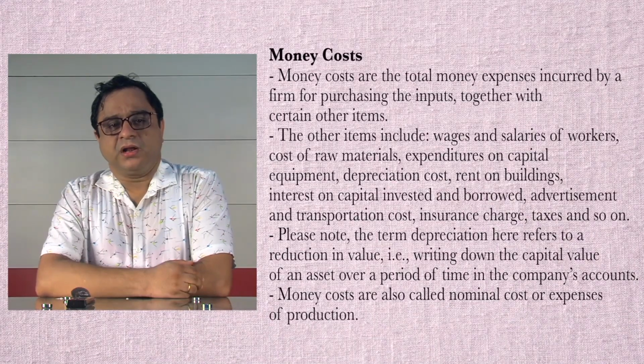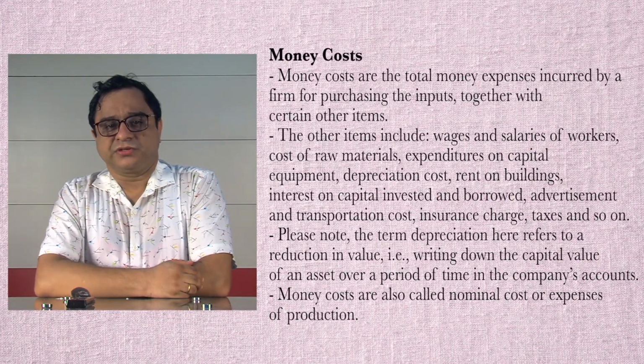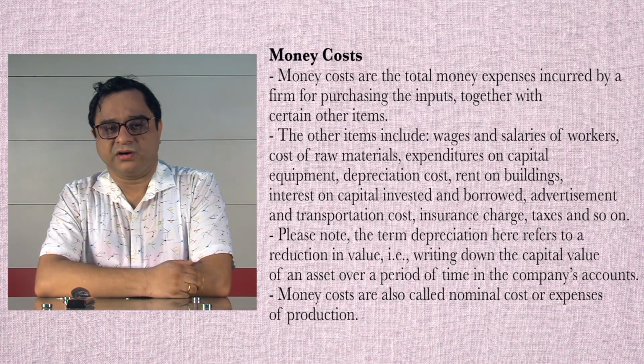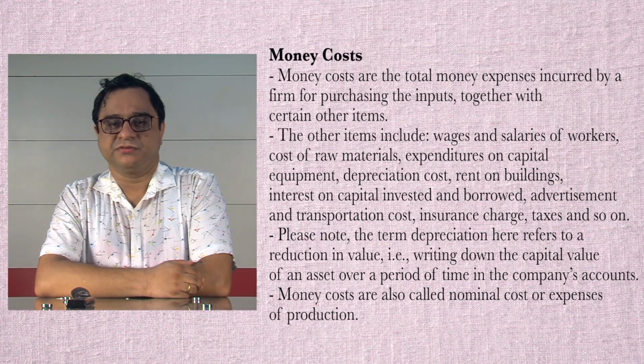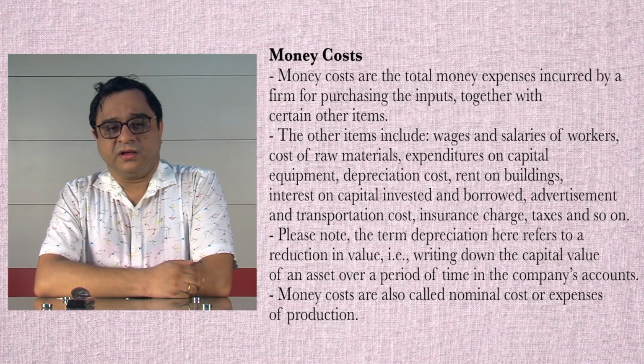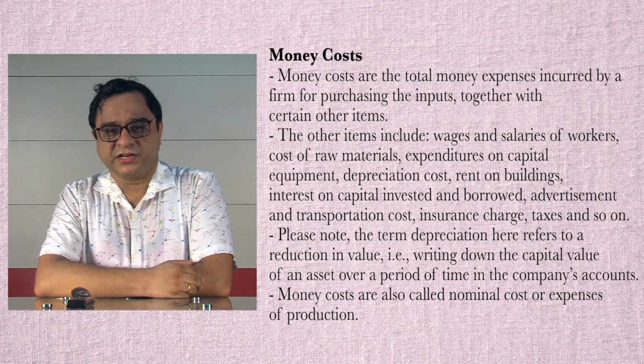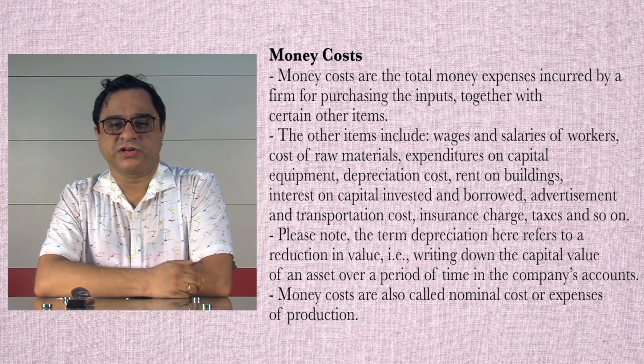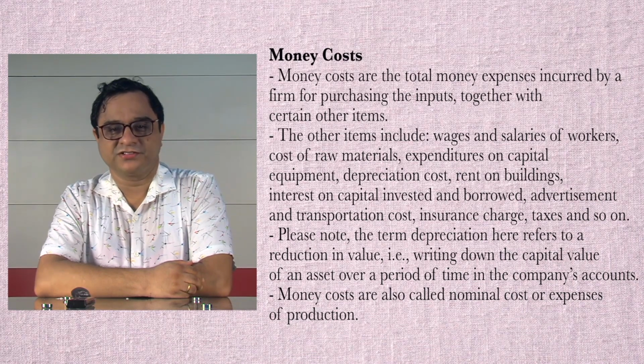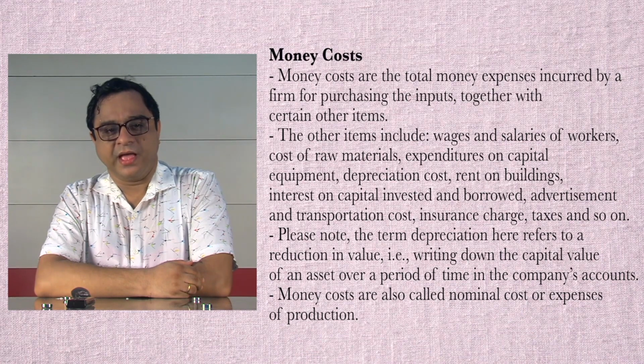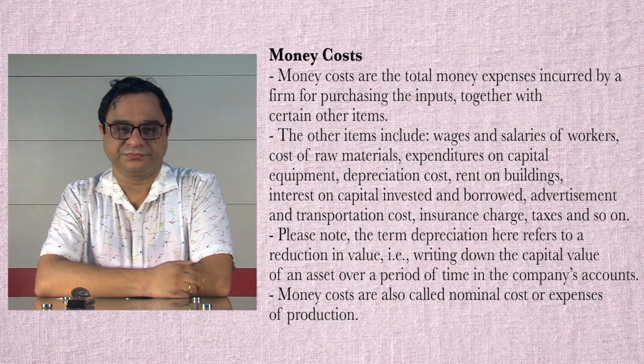Money cost. Money costs are the total money expenses incurred by a firm for purchasing the inputs together with certain other items. The other items include wages and salaries of workers, cost of raw materials, expenditures on capital equipment, depreciation cost, rent on buildings, interest on capital invested and borrowed, and advertisement and transportation cost, also insurance charges, taxes, and so on.